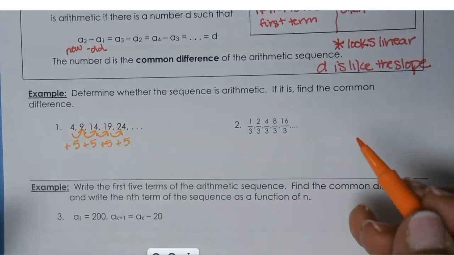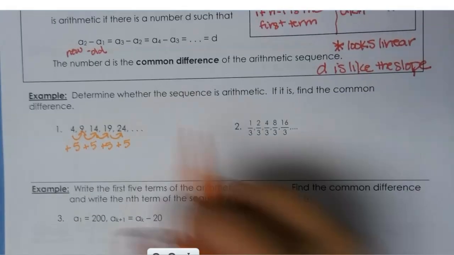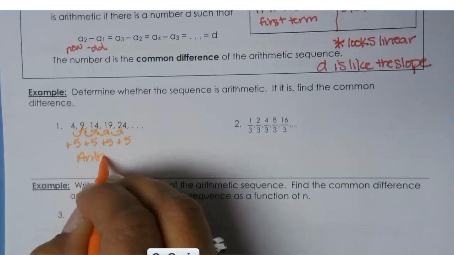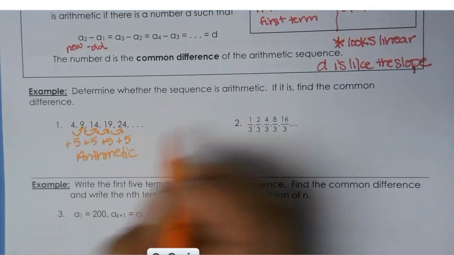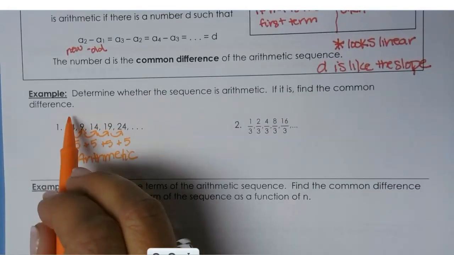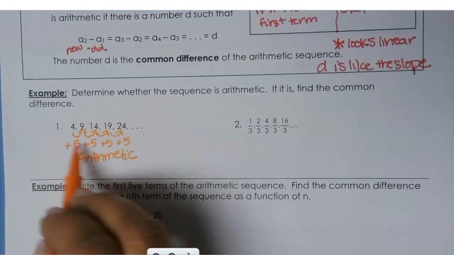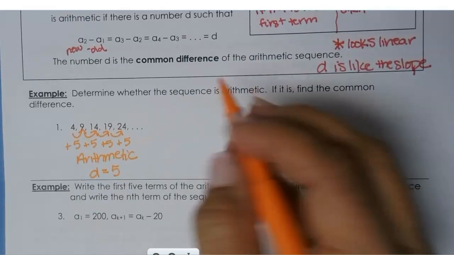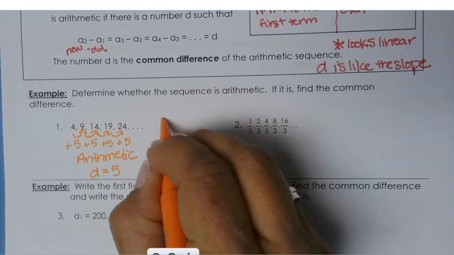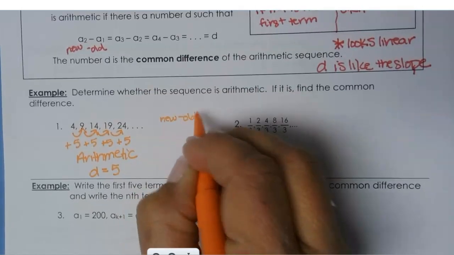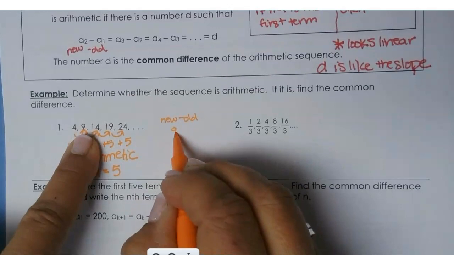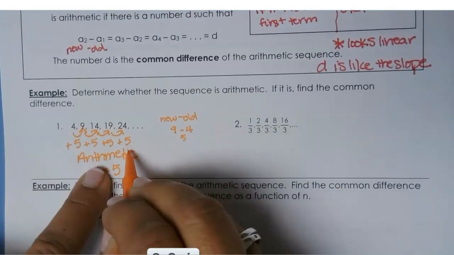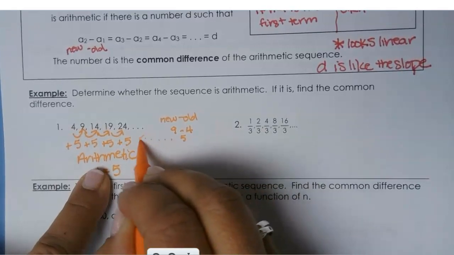We're adding the same thing each time, so this is going to be arithmetic. Now the other part asks us to find the common difference. Well, this common difference is going to be 5. You might ask how that's a common difference? Well, remember, if we take a new term minus an old term, for example, 9 minus 4, we would get 5, and notice that's the common difference.